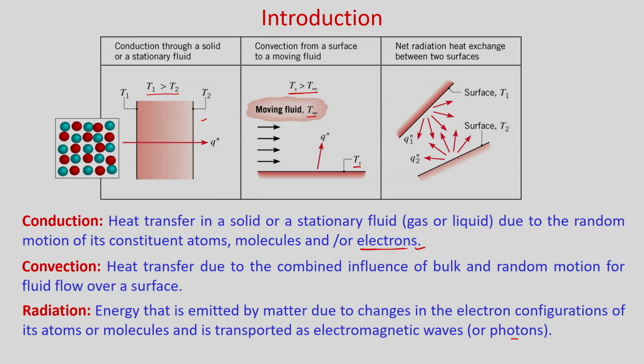So, there will be heat transfer due to radiation. Any matter at any temperature can emit radiation, and generally radiation does not need any medium to transport the heat. It effectively transfers heat in vacuum. However, in conduction and convection you need a medium for heat transfer.